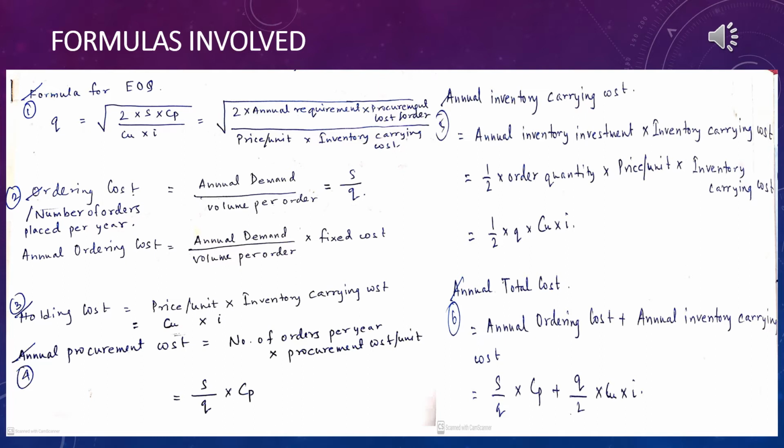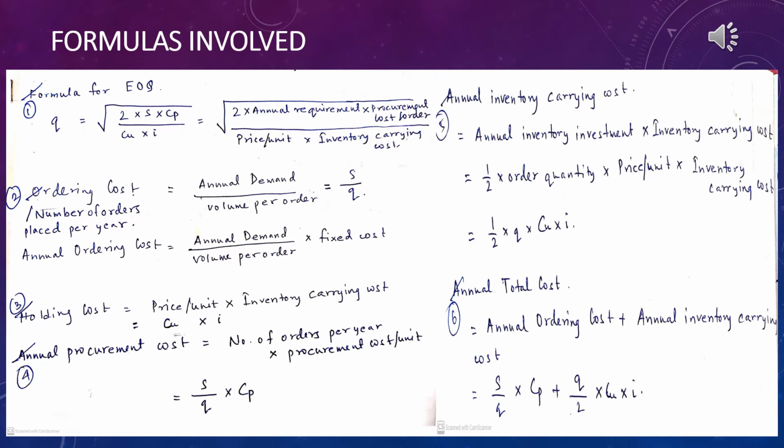The cost of putting through each order and inventory carrying costs per month are computed at rupees 36, and 1.5% of the average inventory investment respectively. We have to find out at which economic lots the item should be purchased to minimize the total cost. So basically we have to find out our EOQ.